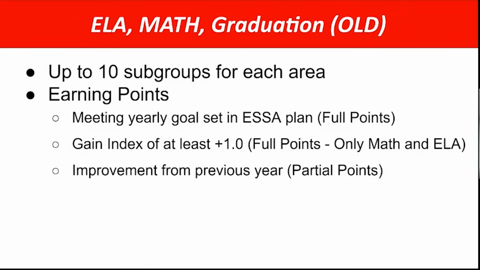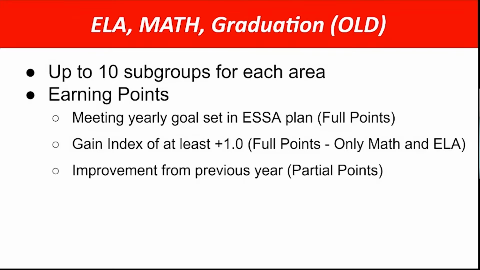The second way they could meet that is for ELA and math only. And that was if they had a gain index of at least +1 in terms of progress. So in our previous series, we went through the progress indicator or the progress component. So they're using that same idea there, but it was broken down for individual subgroups and looking at either their math or their ELA score.